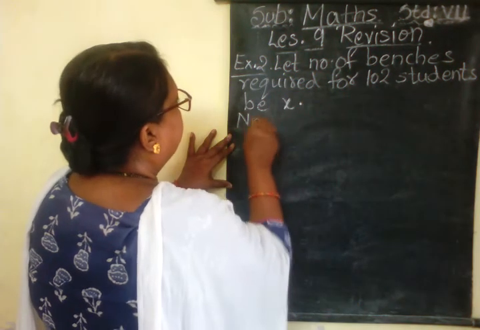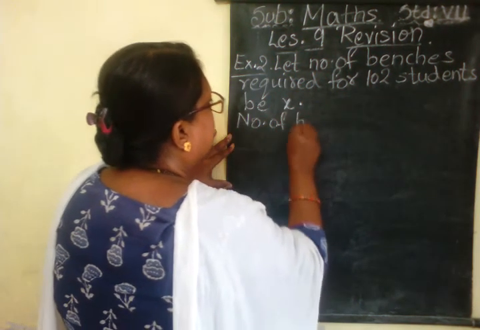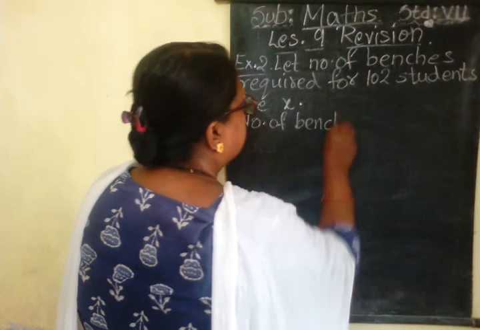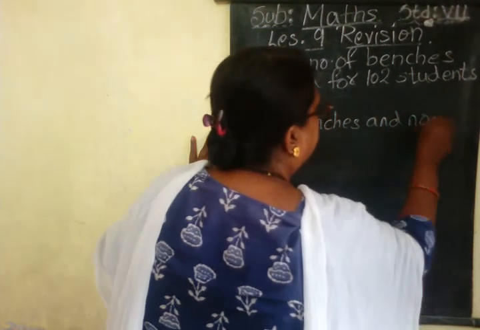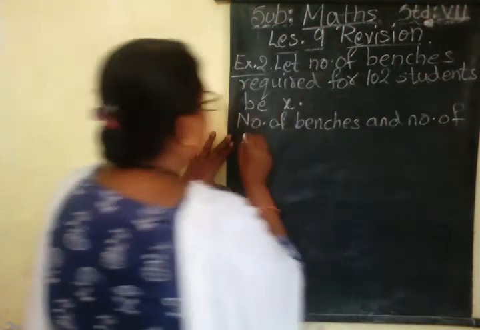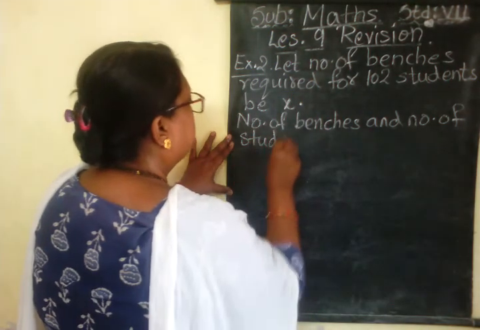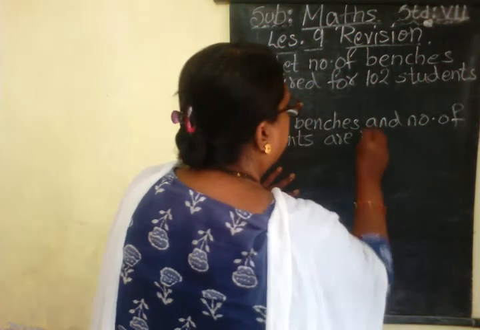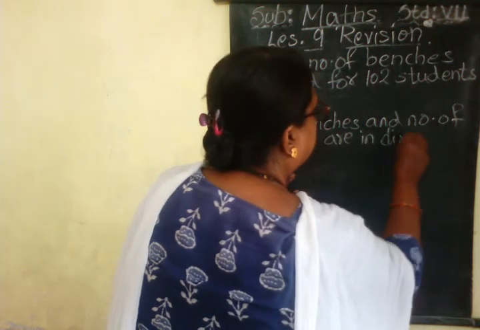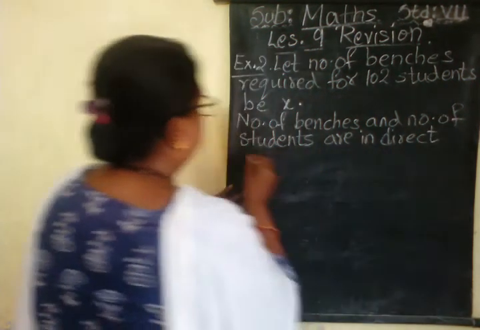Number of benches and number of students are in direct proportion.